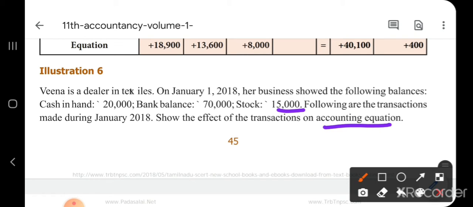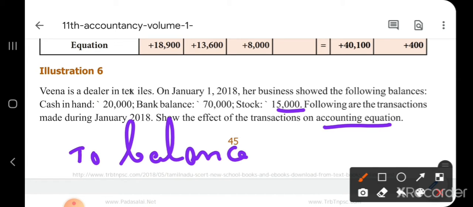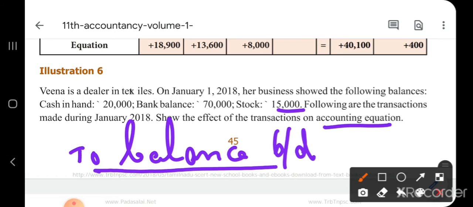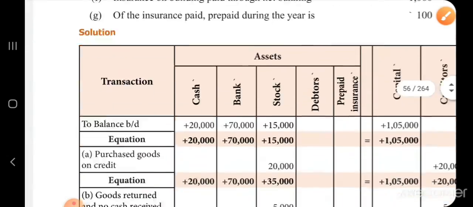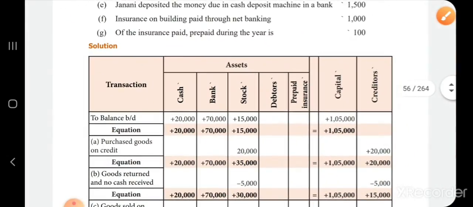Now, always when the opening balances are given, you will write "to balance brought down", that is, the previous year's closing balance will become the opening balance for the current year. So you will always write like this: to balance brought down. Now look at the solution here.